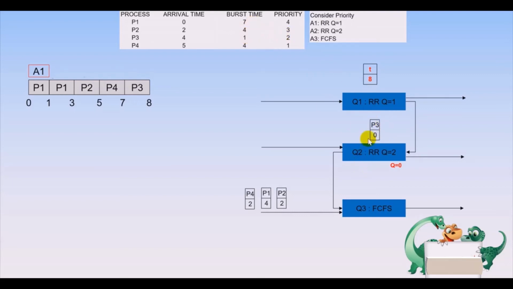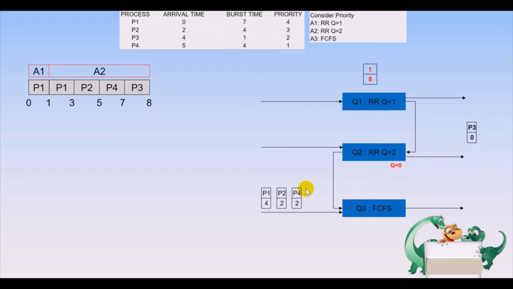It is currently being executed and was able to deduct 1 millisecond from its burst time. So after 1 millisecond, P3 was the process that completed execution, and it has completed on Q2.